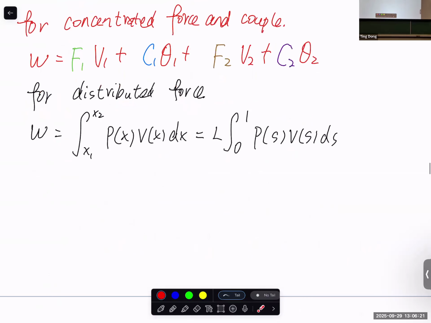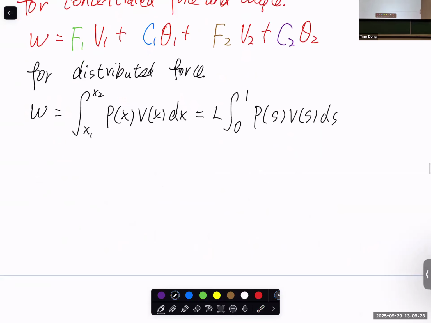For the detailed calculation, I can plug V as a function of S into this integration, L from 0 to 1 of PS. For V as a function of S, we can write N1 V1. Of course, the original equation I write as N1(S) V1, N2(S) theta 1, but just to save some time, I ignore the S part in the shape function.